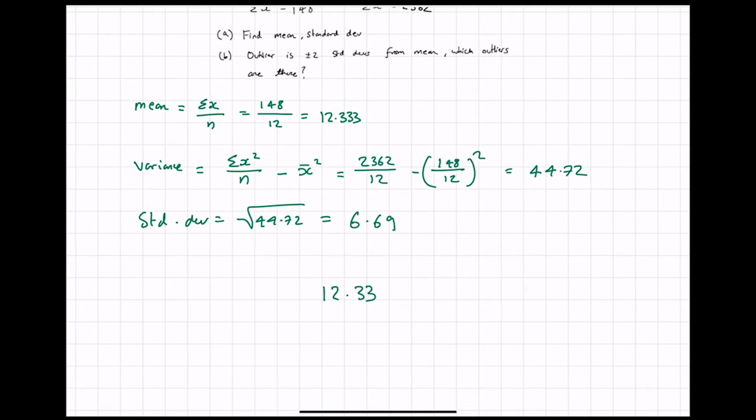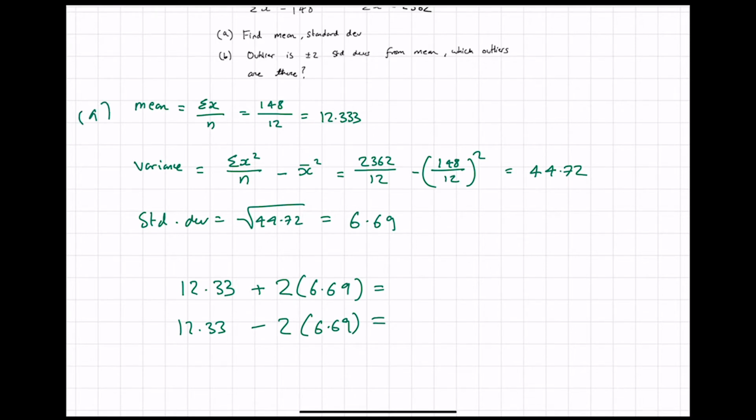If I add on 2 lots of the standard deviation, so the standard deviation was 6.69, so 2 lots of 6.69, that will give me the upper bound. And if I did 12.33 minus 2 lots of 6.69, that would give you the lower bound, just according to what the question told me.